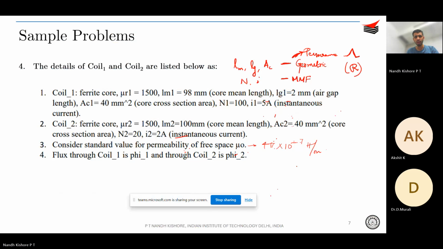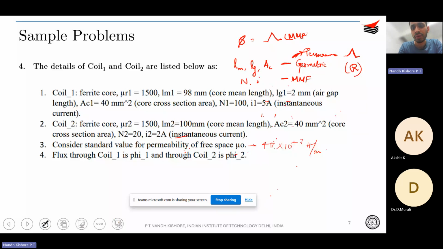Since you will know the permeance and the MMF, you know that phi is equal to permeance into MMF. Correct? Phi is basically permeance into MMF, or you may also write that phi is equal to MMF by reluctance, and 1 by reluctance is permeance, so permeance into MMF.